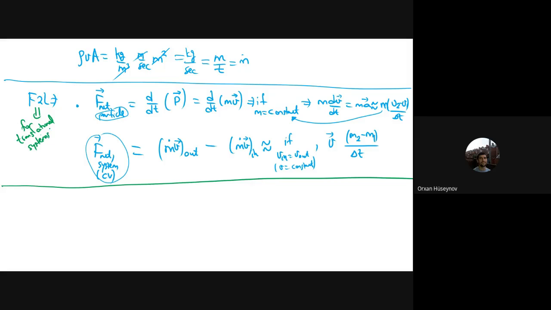The system translates, it doesn't rotate. So if I write Newton's second law for rotational systems, it rotates, while translation moves from one point to another.